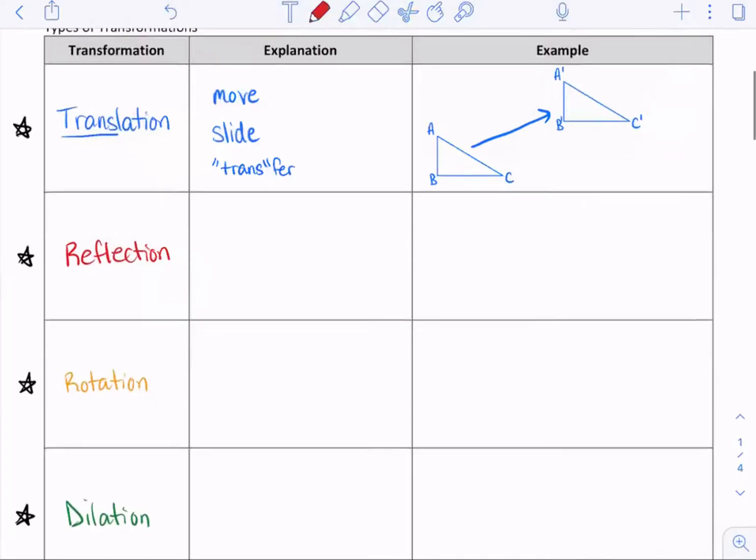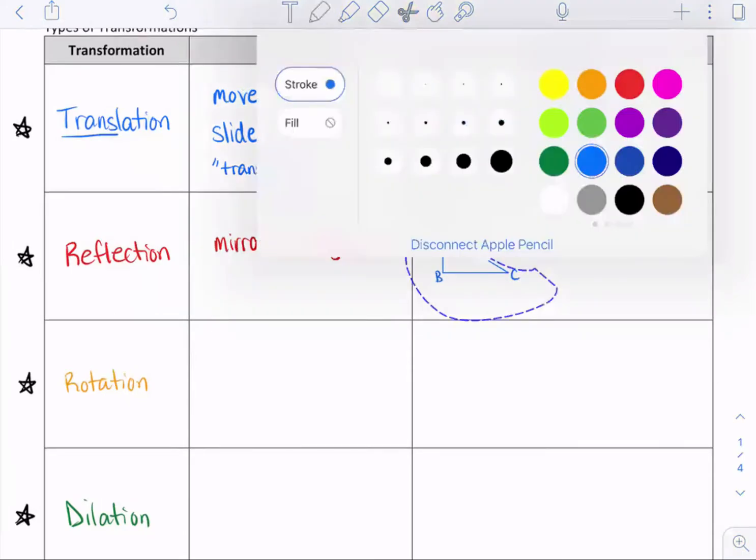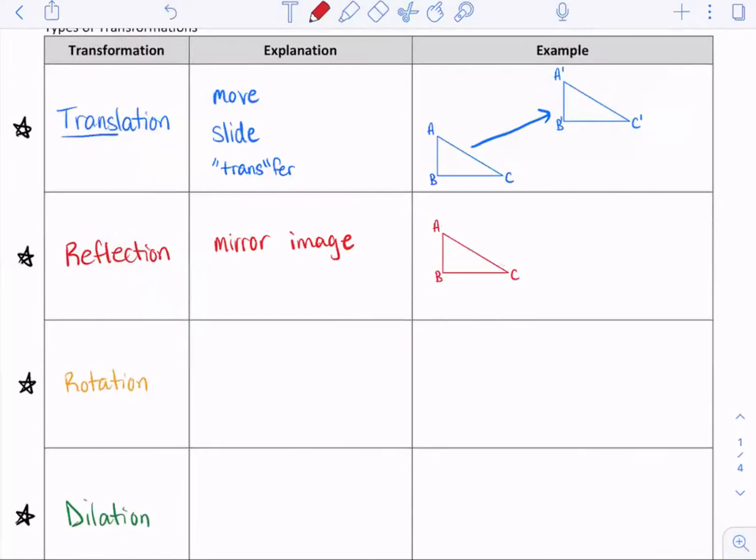A reflection, now when you see a reflection, it's in the mirror, so it's a mirror image. So let's say you have this same triangle. I'm just going to try and stick to the same example. So here's ABC, and let's say I reflect it over this line.